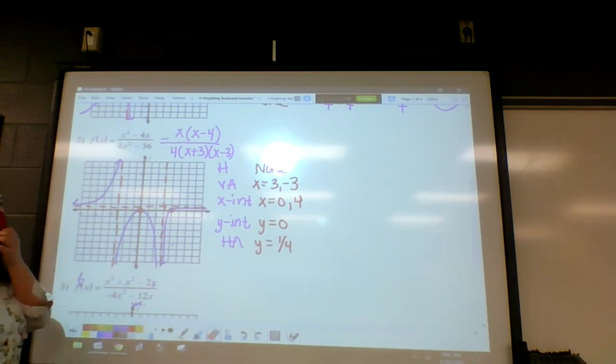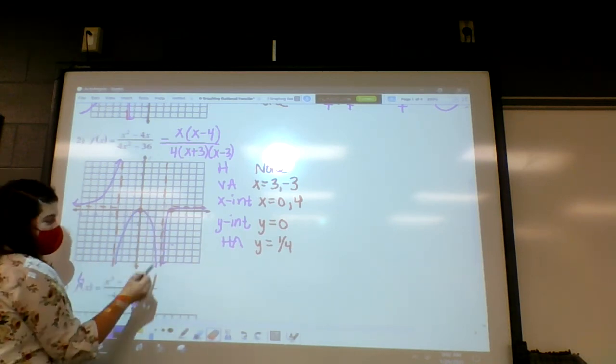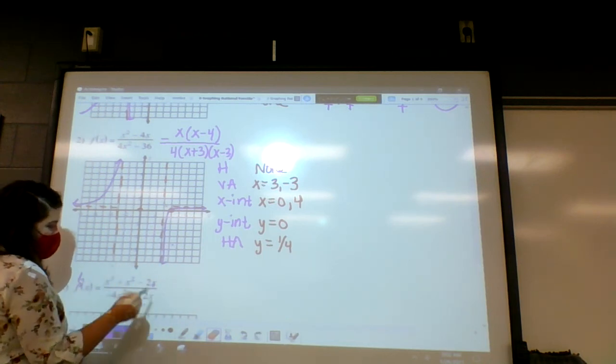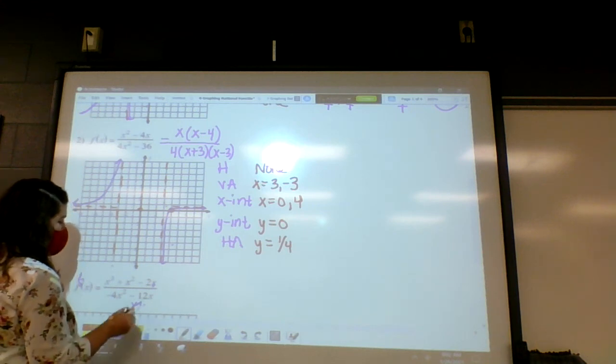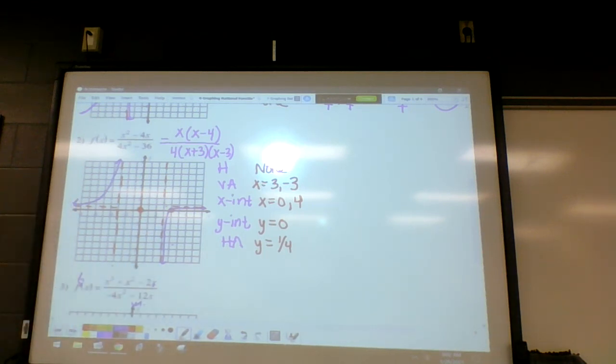So it's almost like you could erase it here in the middle. It's free game in the middle. You can literally go anywhere in the middle as long as you stay between your two vertical asymptotes, okay? So I erased it up here so it doesn't get in our way because it really doesn't have any impact on the middle of this graph.